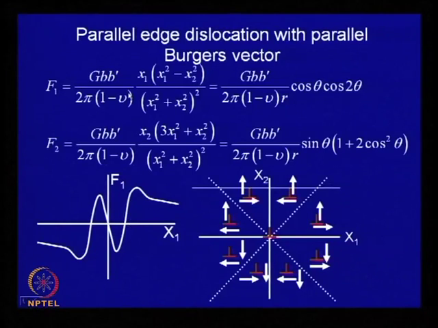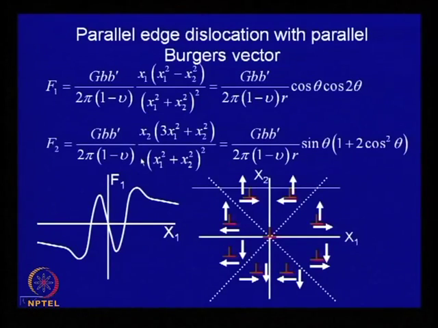Now, here also let us look at the nature of interaction depending on where these dislocations are located, because this force is clearly a function of position. These are virtually constant, because we know that the Burgers vector in a face centered cubic crystal is fixed. So, the nature of this interaction depends only on the location of one dislocation with respect to the other, that means the relative positions, the coordinates x 1 and x 2, and x 3 does not feature here.